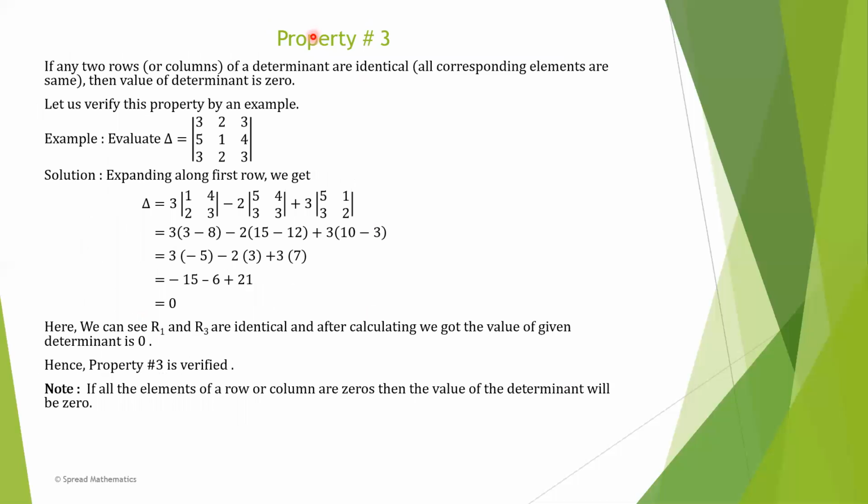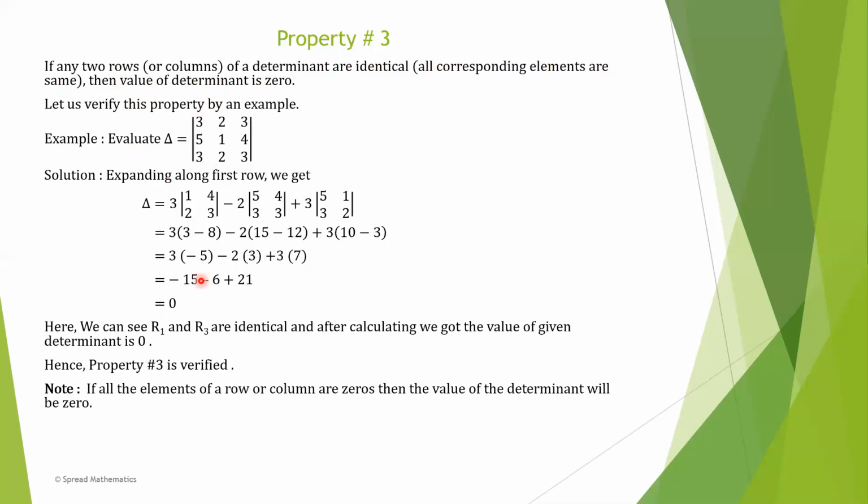Property number 3. If any two rows or columns of a determinant are identical, or you can say all corresponding elements are the same, then the value of the determinant is 0. Let us verify this property by an example. Evaluate this determinant. Now we are expanding this determinant by the first row.